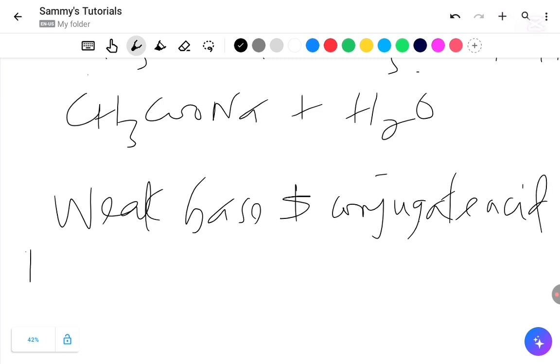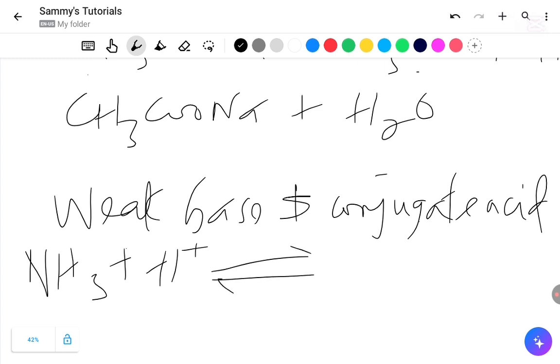It is ammonia, NH3. Okay, NH3 plus H plus will give you NH4 plus. Now if you look at this, this is your weak base and this is your conjugate acid.